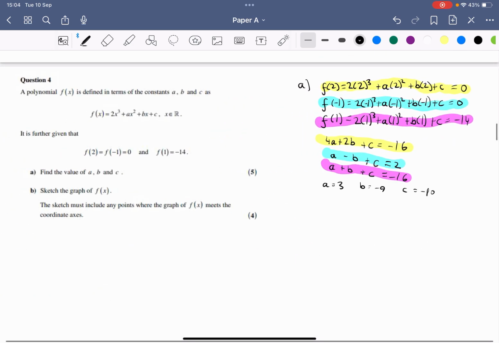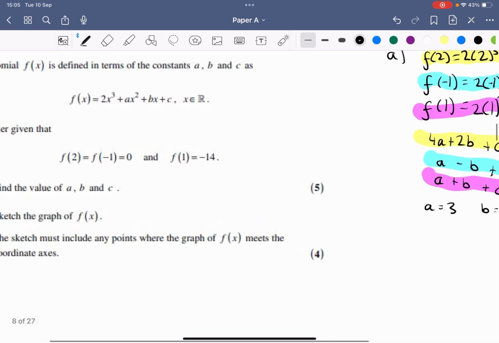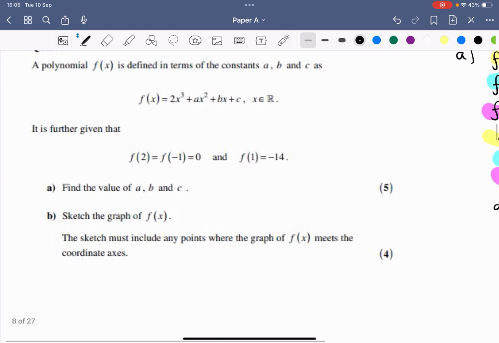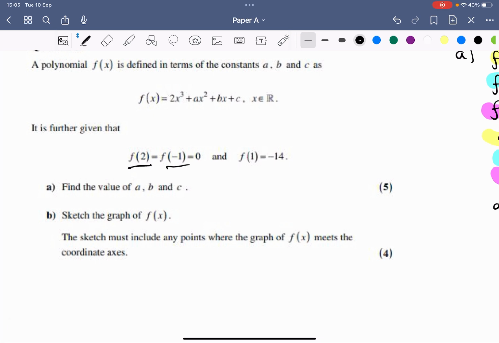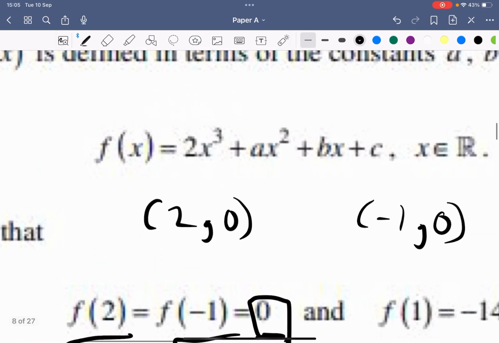For part B, we need to sketch the graph of f of x. The sketch must include any points where the graph of f of x meets the coordinate axis. To begin with, we've got 2 roots, because we have f of 2 and f of minus 1 equals 0, and when f of x equals 0, that's the roots. So we know 2, 0 is a root, and minus 1, 0 is a root. But this is a cubic, so we might have another root.